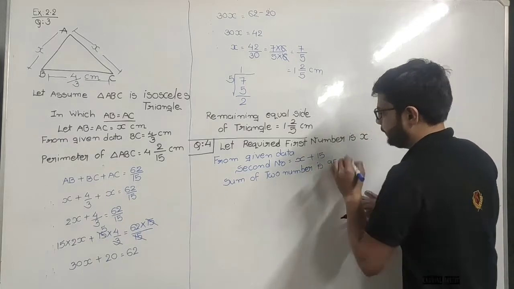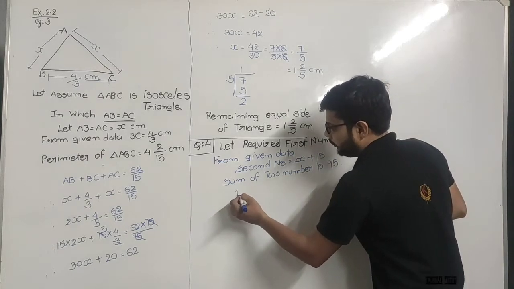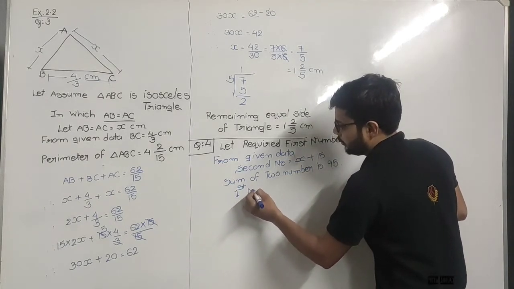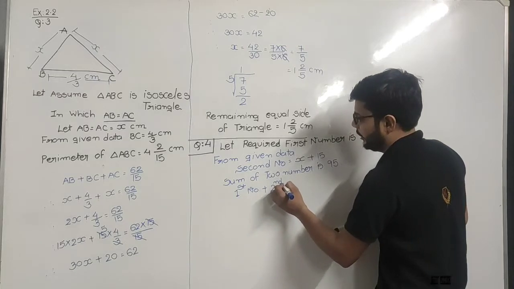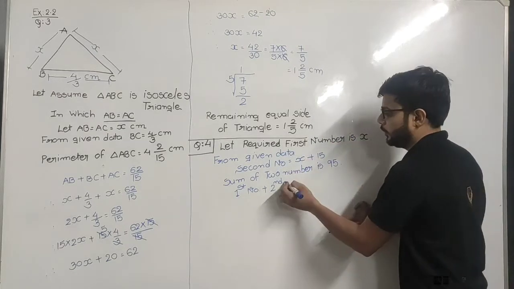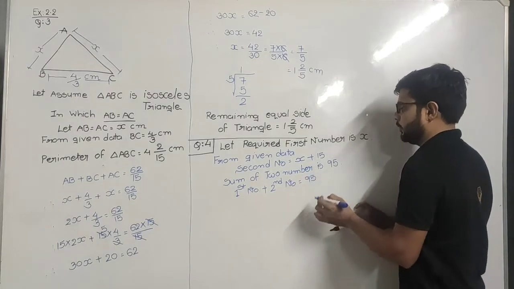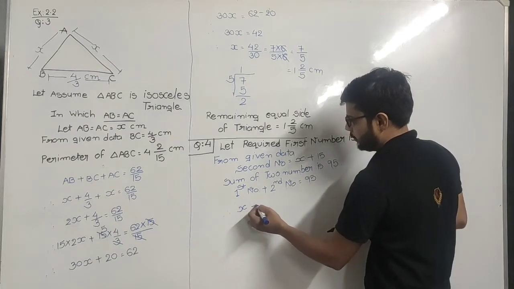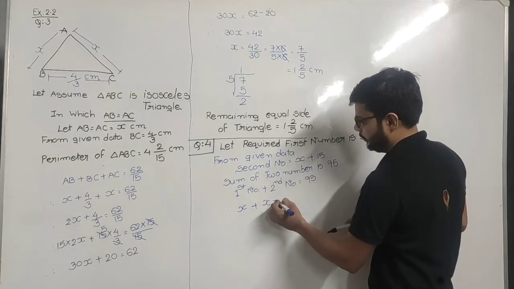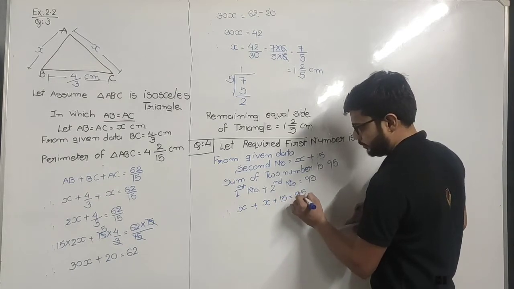Now the sum of two numbers is 95. That means first number plus second number, this number plus this number, is equal to 95. So the first number is x plus x plus 15, it is equal to 95.